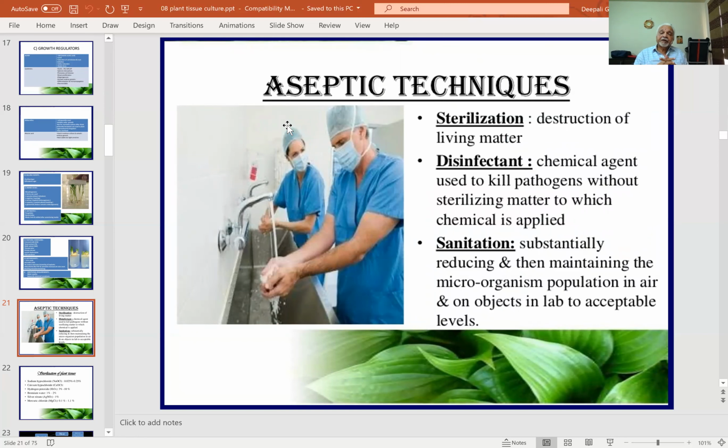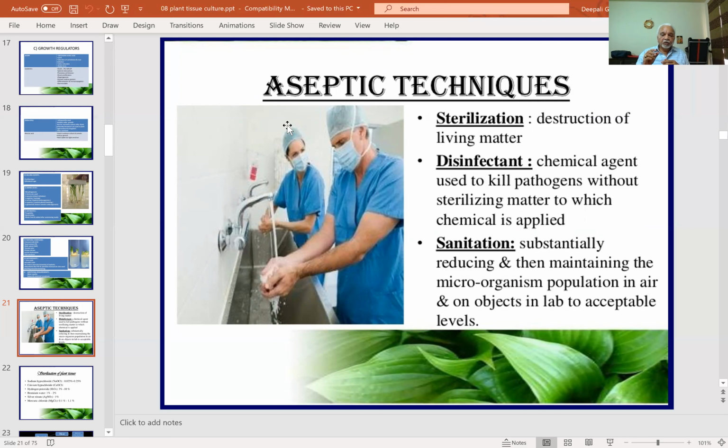A very important aspect of this technique is asepsis. It means everything has to be sterilized, starting from the media to the glassware and other tools being used. The explant has to be sterilized because you are dealing with nutrient-rich media.